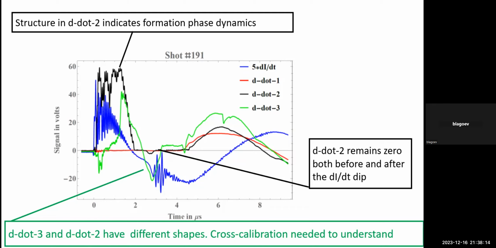So this D-dot probe is showing zero regions just before the dip of the dI/dt signals and after it.